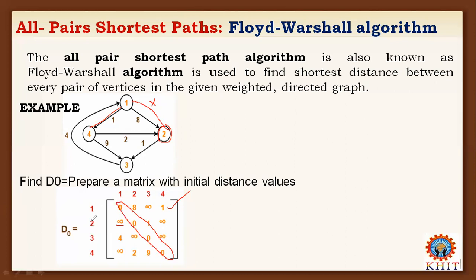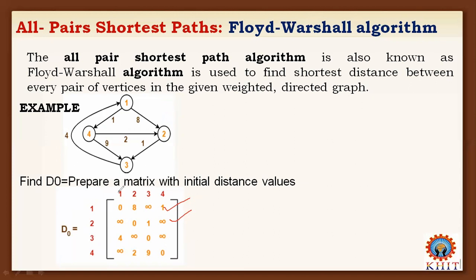And vertex 2 to vertex 3, the distance is 1. And vertex 2 to vertex 4, there is no direct path, that's why I can consider it as infinity. So these two are also over. First and second rows are over. Next, we will go for the third row.